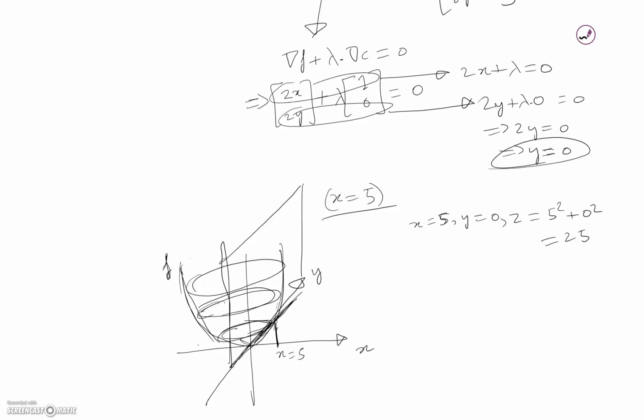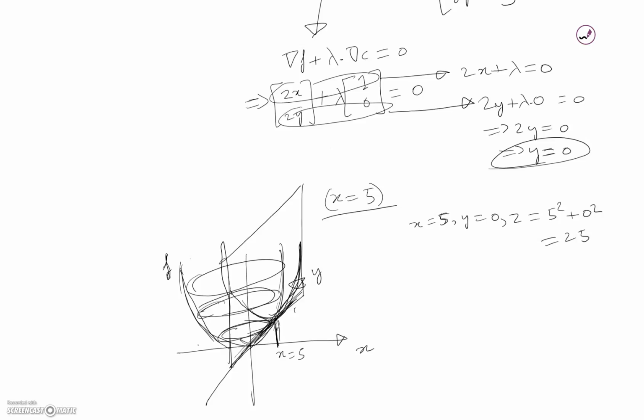But far from getting discouraged, we want to minimize f as much as the constraint will allow us to. So how will this constraint interact with this function f? It will be an intersection of this paraboloid with the plane x equal to 5, and if you intersect a paraboloid with the plane, you end up getting a parabola, just another parabola.